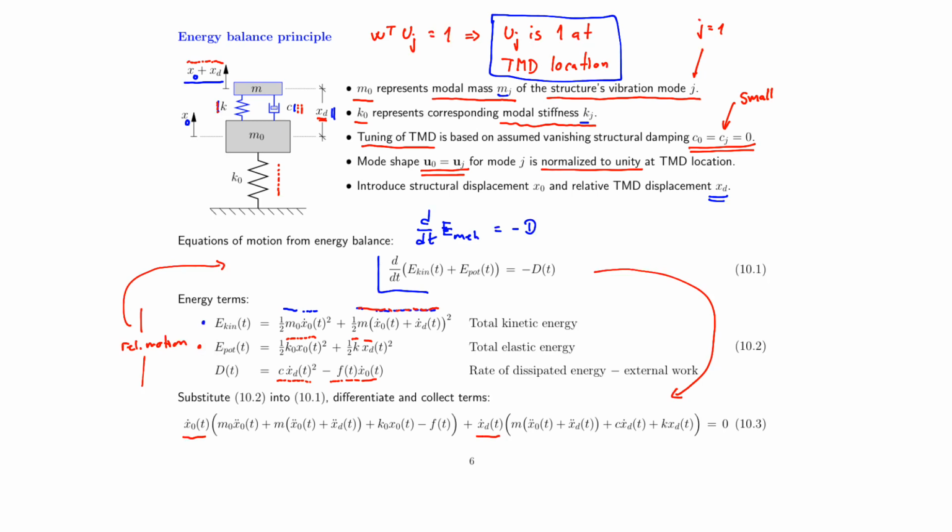So those we collect in two major terms, and what is important is that on the right hand side we have equal to 0, and because this equation 10.3 should be equal to 0 for all times, then the first parenthesis should be equal to 0 and the second parenthesis should as well be equal to 0. So from that we get two equations governing our two unknowns, x0 and xd.